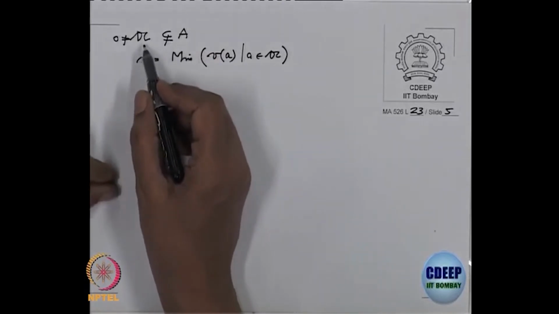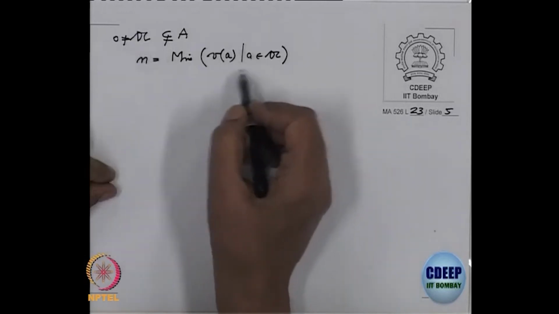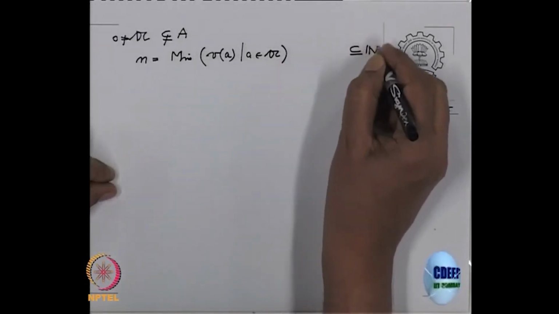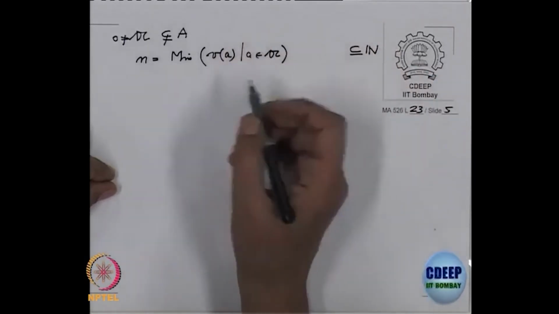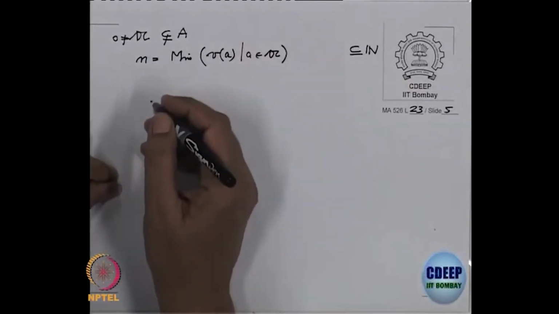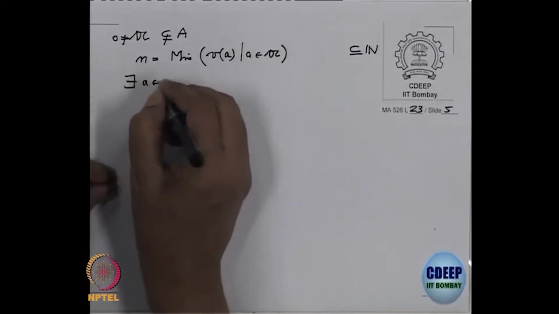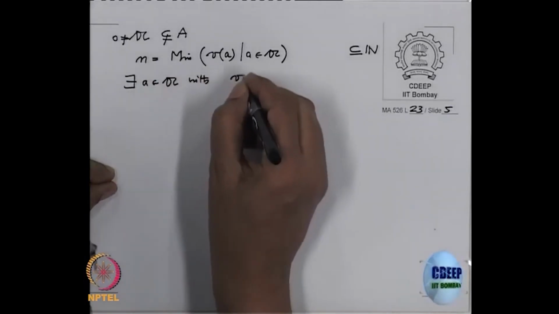So, 𝔞 will be contained in the maximal ideal. Therefore, these values are a subset of the non-negative integers, so there will be a minimum. So, there exists an a in 𝔞 with V(a) equal to n.